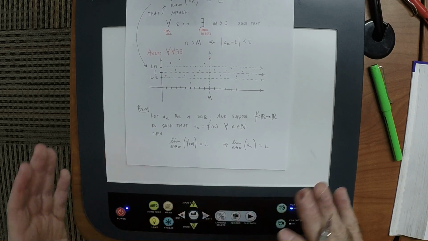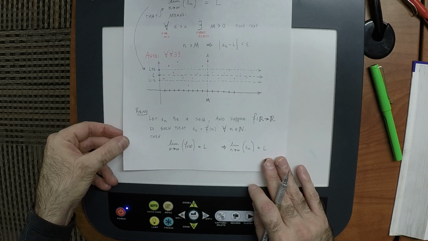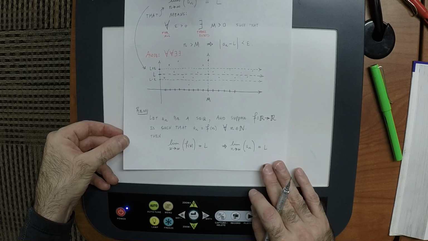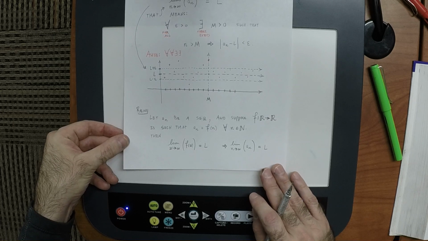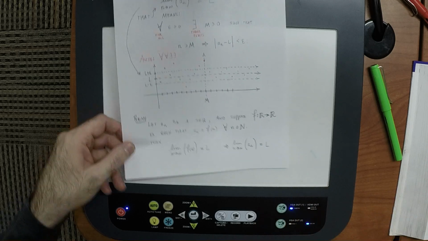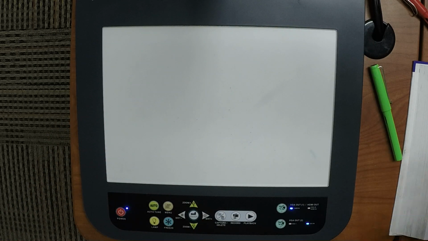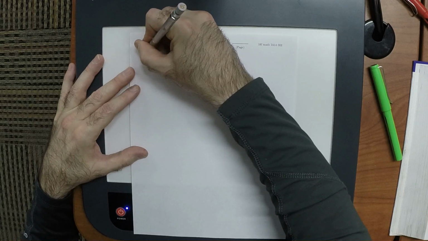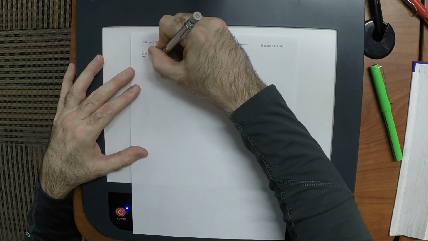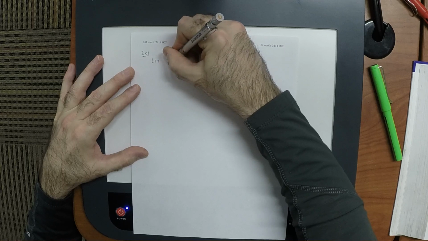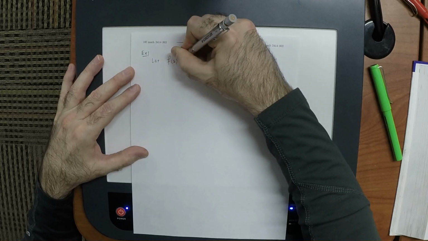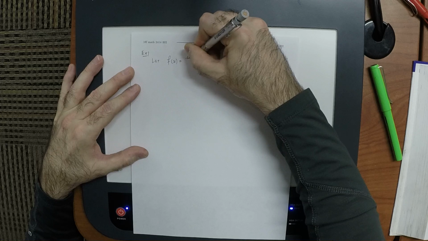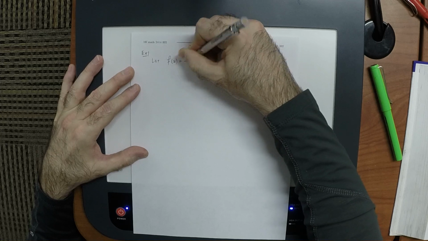So here's something, what do I want to say? Curious. So here's a function. So for example, let f of x be sine of x over x.